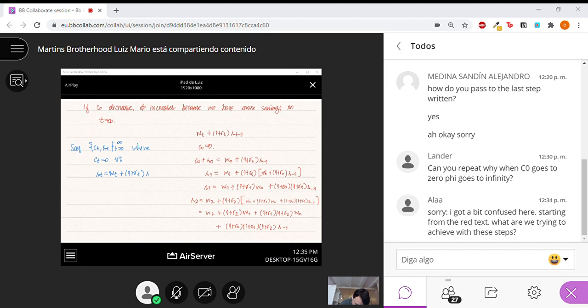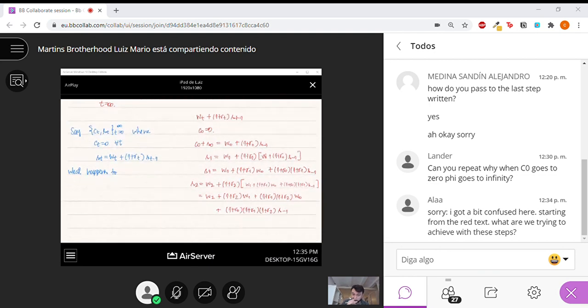We are just saving. I want to know what happens to the expression in the transversality condition. I would like to know if this is finite or infinite, because this is the phi, right?